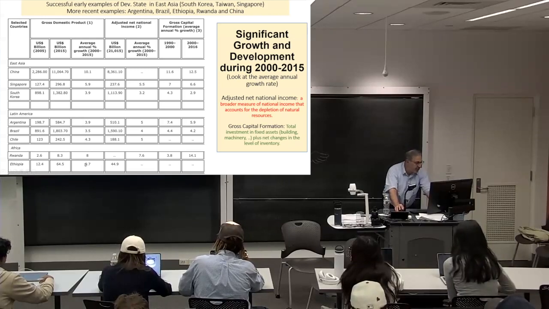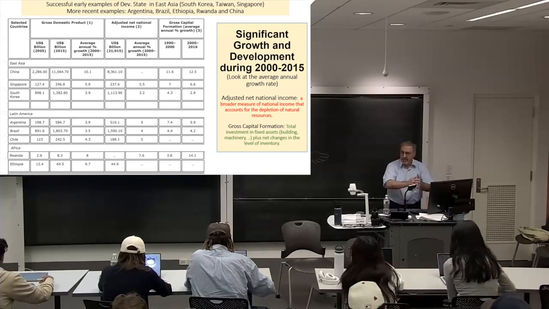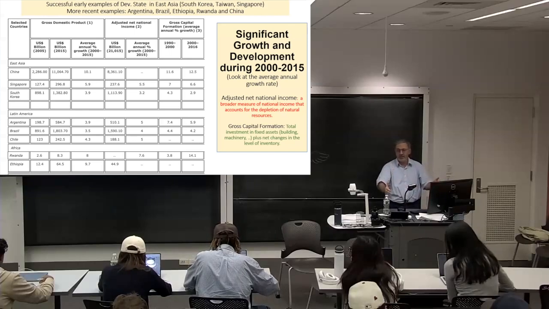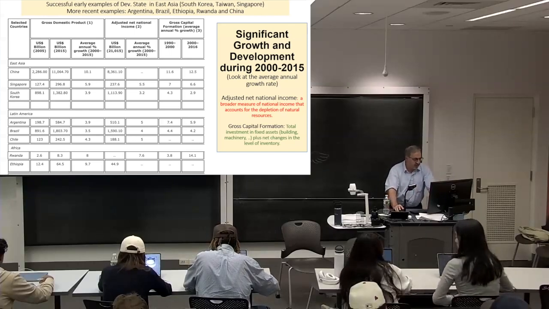And there are 2 examples in Africa in specific periods, Rwanda and Ethiopia. Again, periods of strong, sustained economic growth, so that on a 10-year period or a 15-year period, you can see the growth rate as being significant.